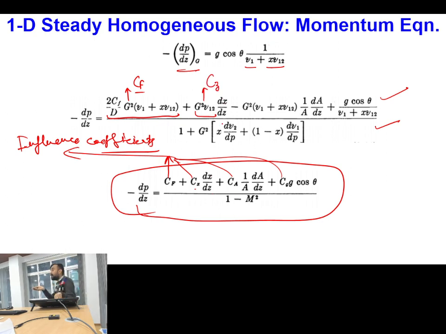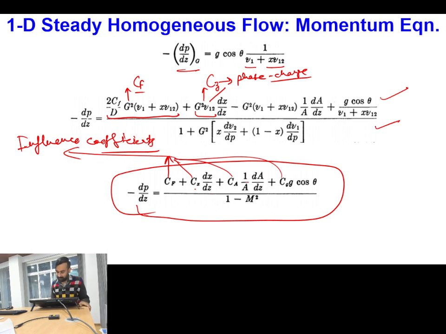Now what is dx by dz? Dx by dz is change in quality along the length of the pipe. So it means this Cz is influence coefficient because of phase change. Because when phase change will be happening, then only your quality value will be changing along the length of the pipe. Okay, so this is influence coefficient because of phase change.